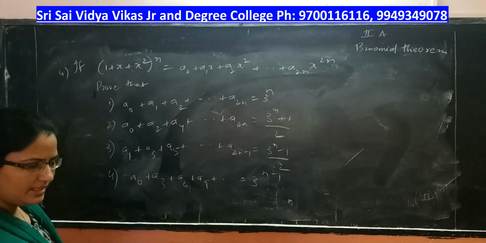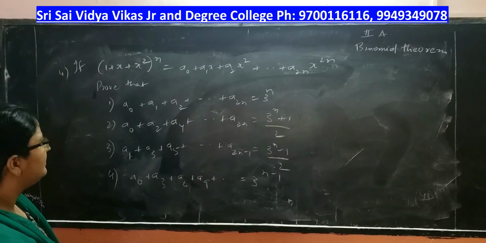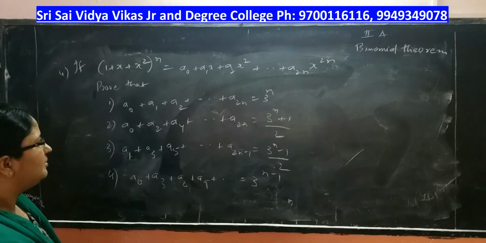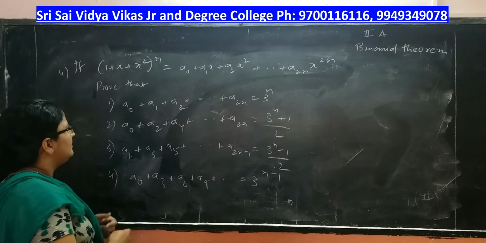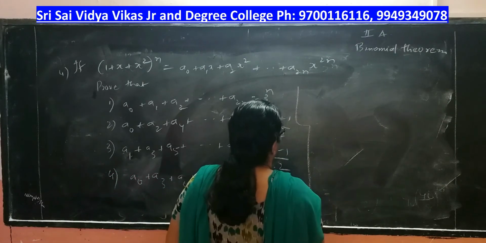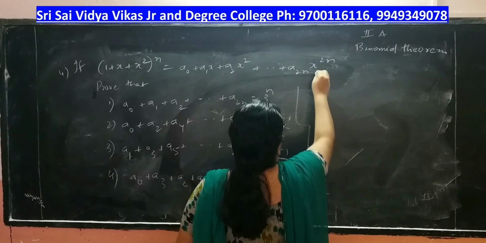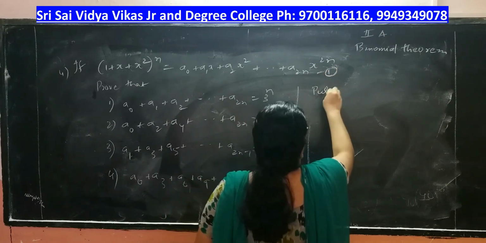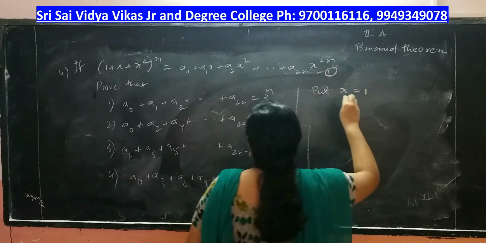Now let us see how to do this. You have 4 proofs here. First one, let us call this equation 1. Put x = 1.